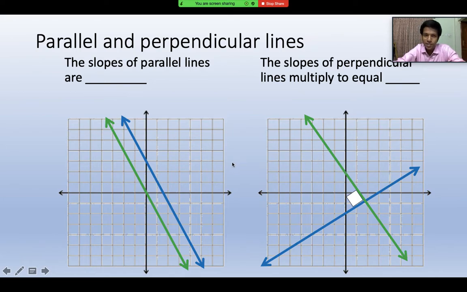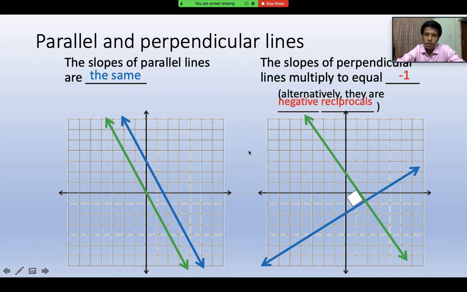I think you will say that when they are parallel, the slopes are the same, and when they are perpendicular, after multiplication it will be -1, right? Or alternatively, we can say that the slopes are negative reciprocals of each other, or you can say negative inverse also. That is also correct.